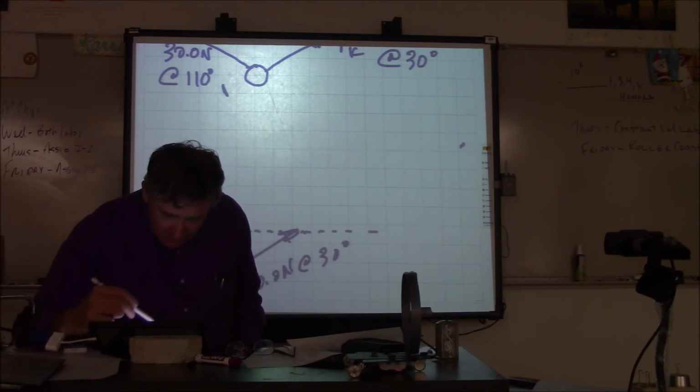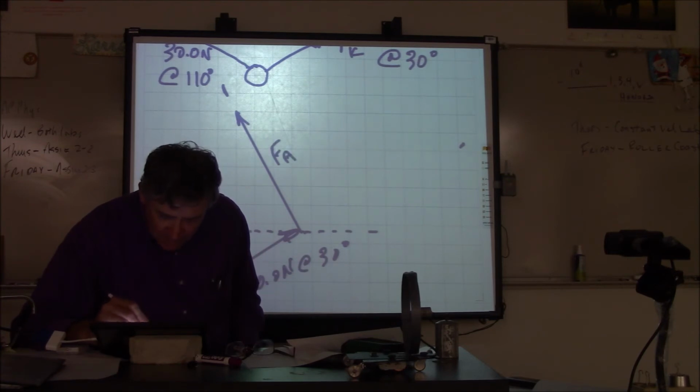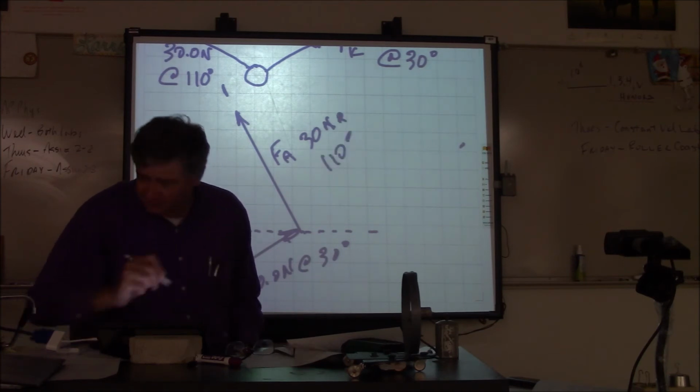Hold on. That was supposed to form like a straight line. There we go. Okay. So this is force two, which is 30 newtons at 110 degrees.